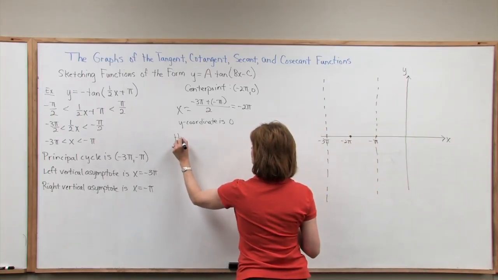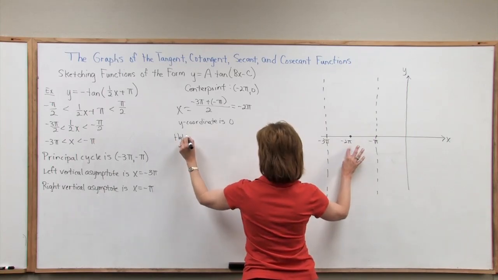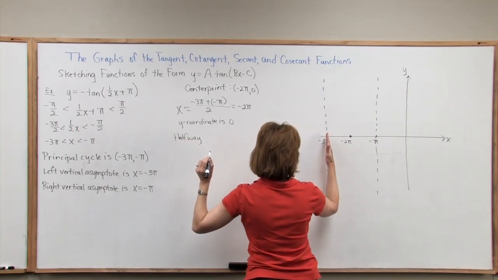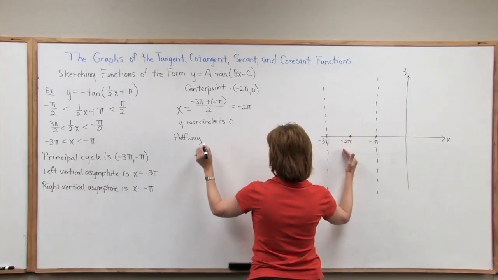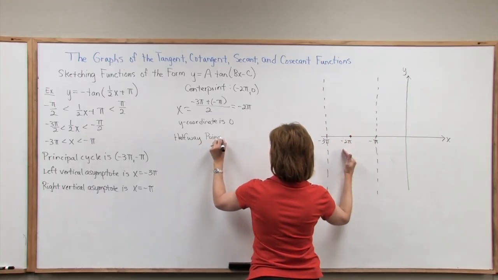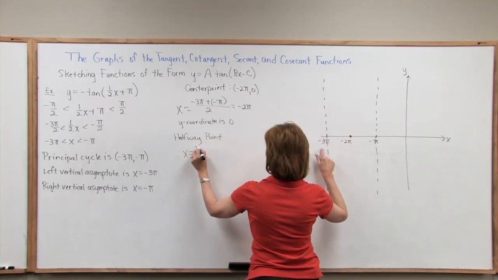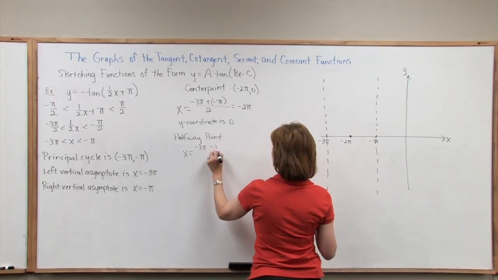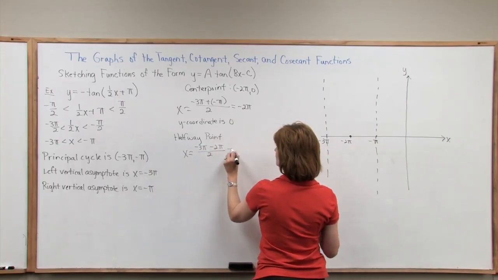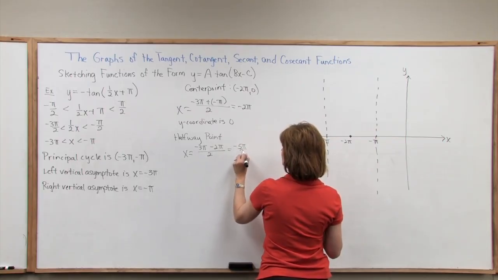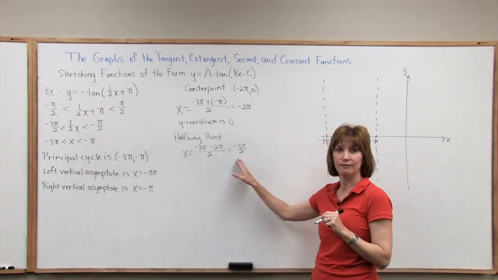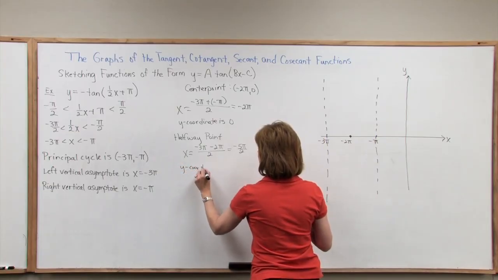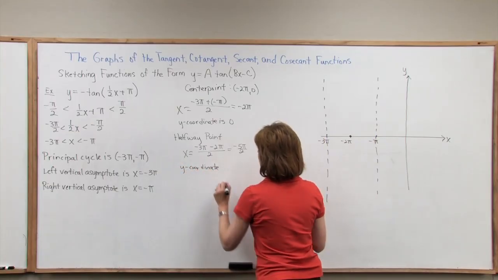Well, for the halfway point to the left of the center point, the x-coordinate is located midway between this vertical asymptote and the x-coordinate of this center point. So the x-coordinate will be negative 3 pi plus negative 2 pi, divided by 2. Well, that's negative 5 pi over 2. The y-coordinate, we have to remember the principal cycle for tan x.